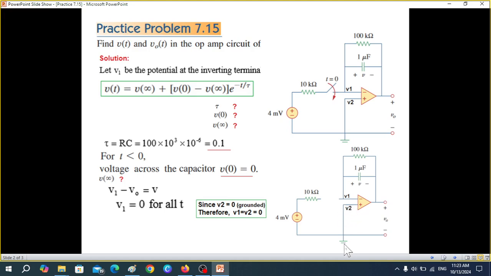Since V2 is grounded, therefore V1 is equal to V2 is equal to 0. So plugging V1 = 0 into this, V is equal to minus V0. And this is our equation number 1. We'll be using this equation.